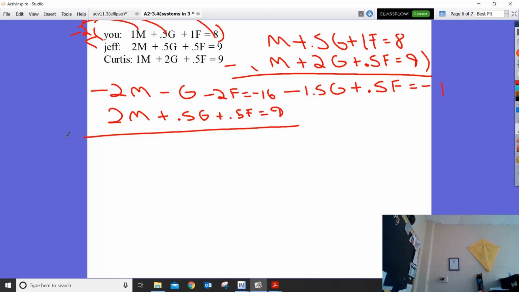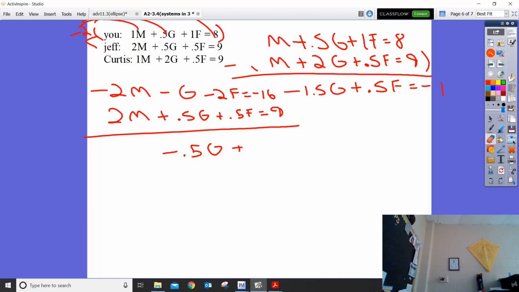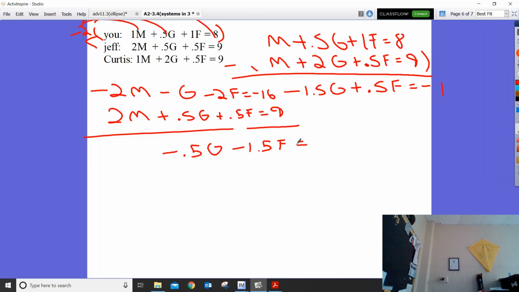Those can be added together. Negative 2 plus 2 is what? Negative 1 plus a half? Negative 0.5. Negative 0.5 g. Negative 2 plus 1 plus 0.5. Minus 1.5 f and negative 16 plus 9.